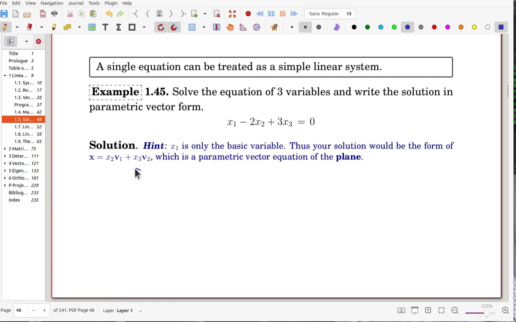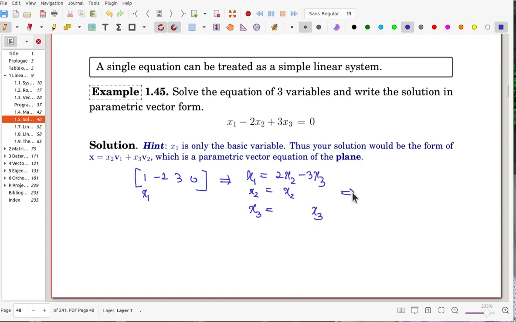That is 1, minus 2, 3, and 0. x1 is a basic variable. x2 and x3 are free variables. So from here, we can write x1 equals 2x2 minus 3x3, and x2 and x3 are free variables. So x2 is x2 and x3 is x3.